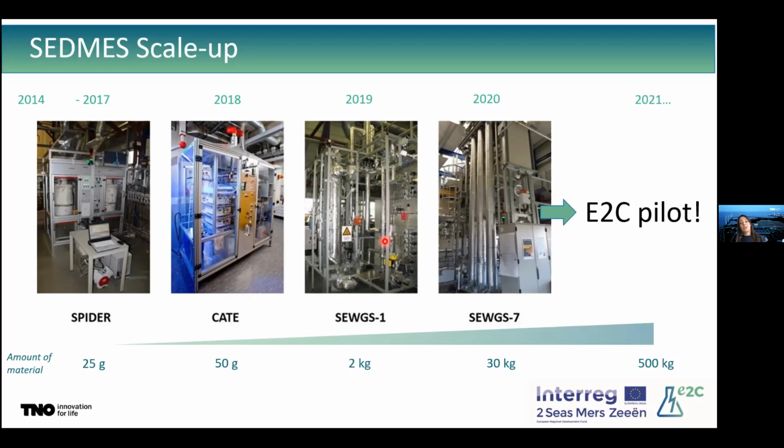And then last year only we moved to a multi-column system, which was also showed in the video, the 6-column system, and which is also on a larger scale, so using more or less 30 kilograms of material. And now the next step, of course, is the pilot demonstration, and the pilot for that we're developing within the E2C project.